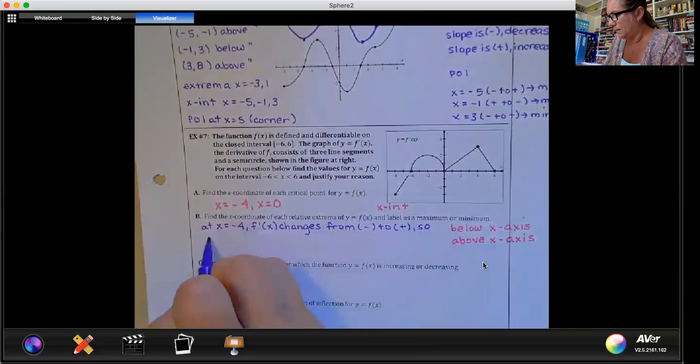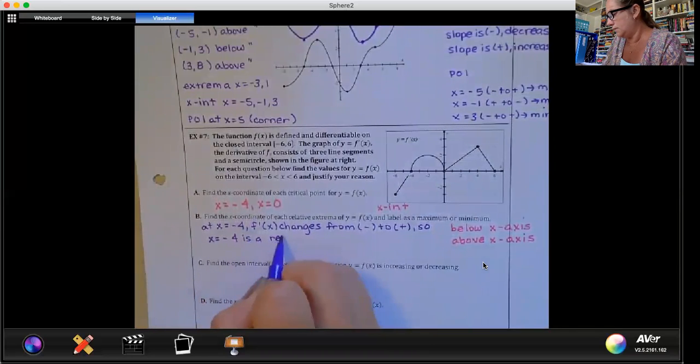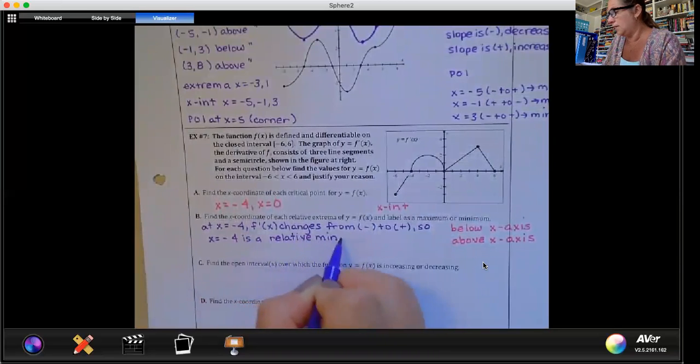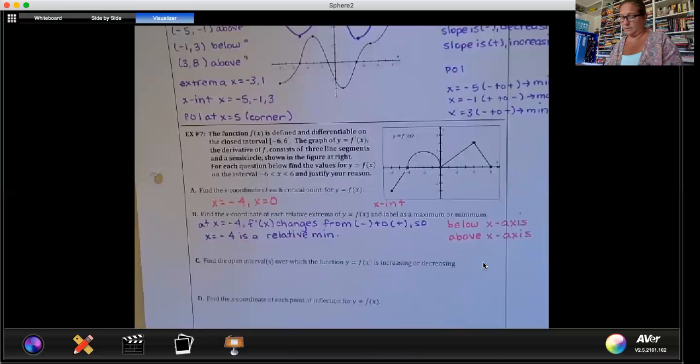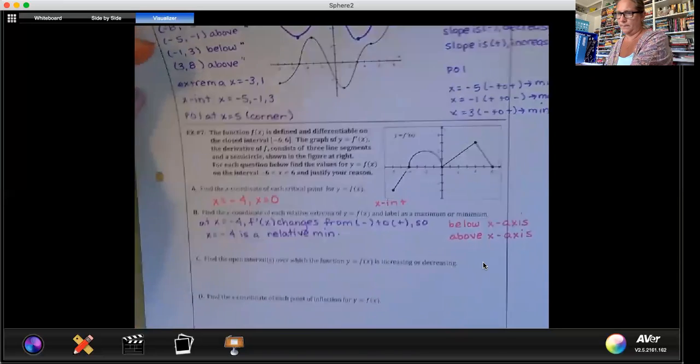So x equals -4 is a relative min. Now, you're not changing from negative to positive or from positive to negative anywhere else. So that will be your only extrema.